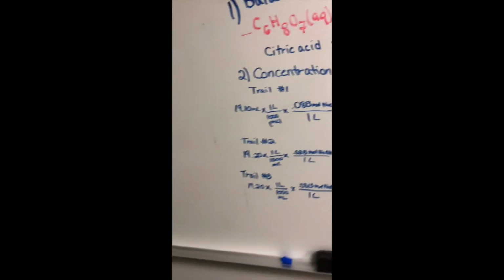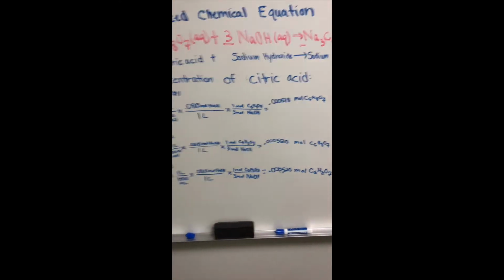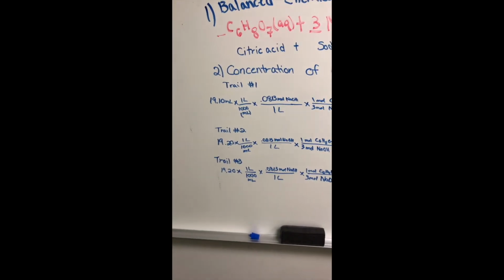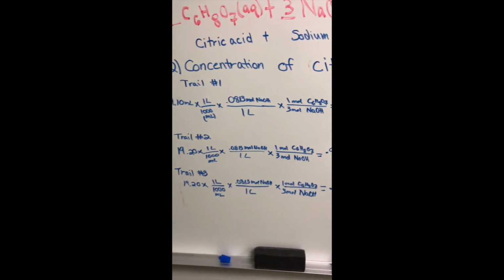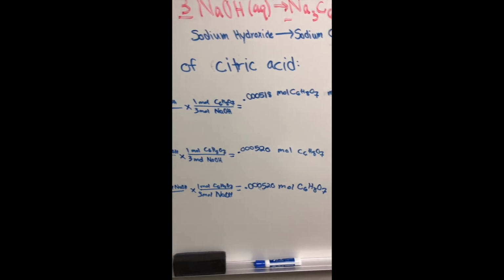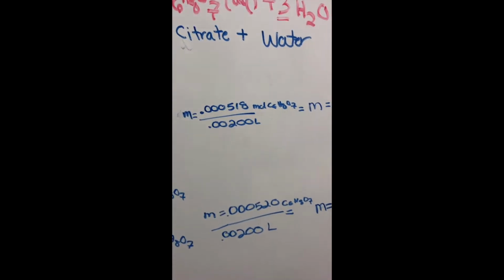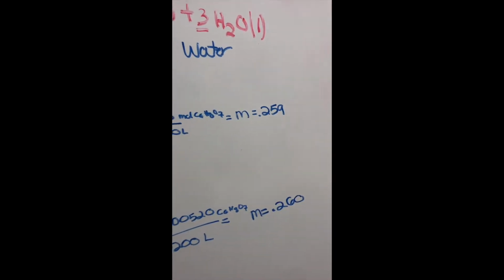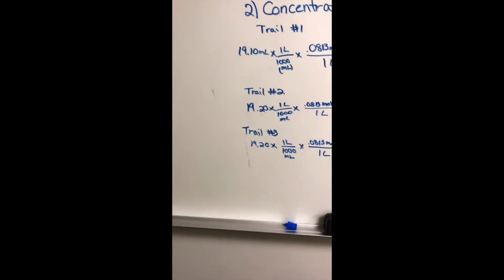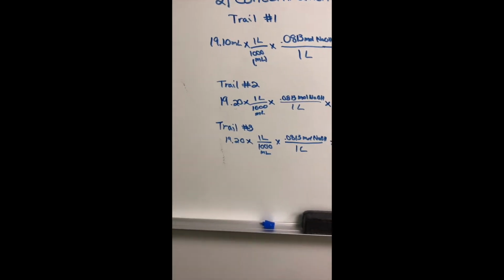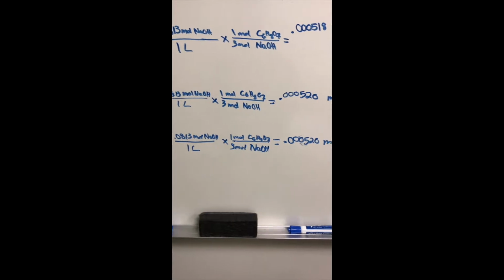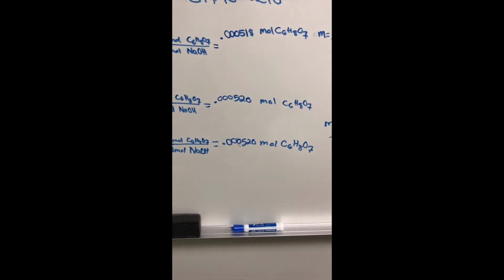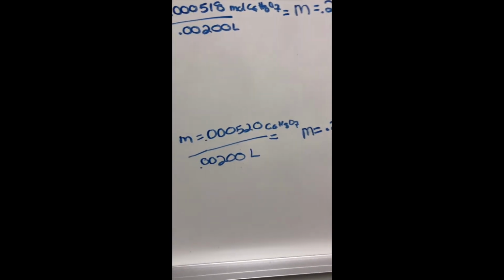And then for number 2, the concentration of the citric acid. For trial 1, we have this, and the molarity of that. And then for trials 2 and 3, we got the same answers, and the molarity for that.